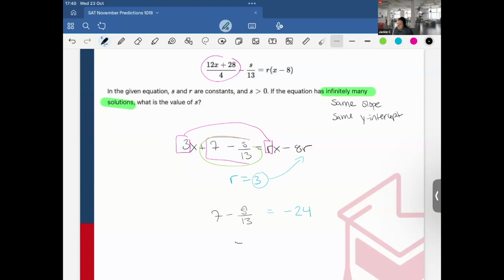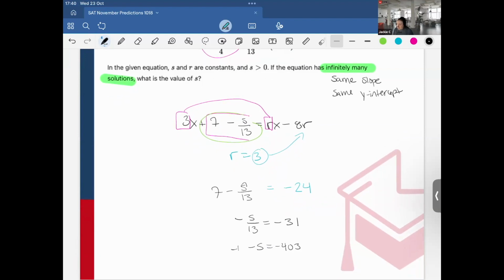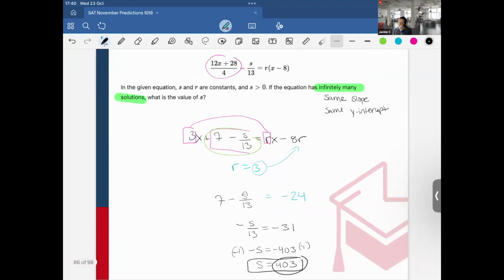So then I'm just going to do -s over 13 is equal to -24 minus 7, which is -31, and then multiply each side by 13. So negative s is equal to -403. And then just multiply each side by -1. So positive s is equal to 403. So that would be the answer, 403.